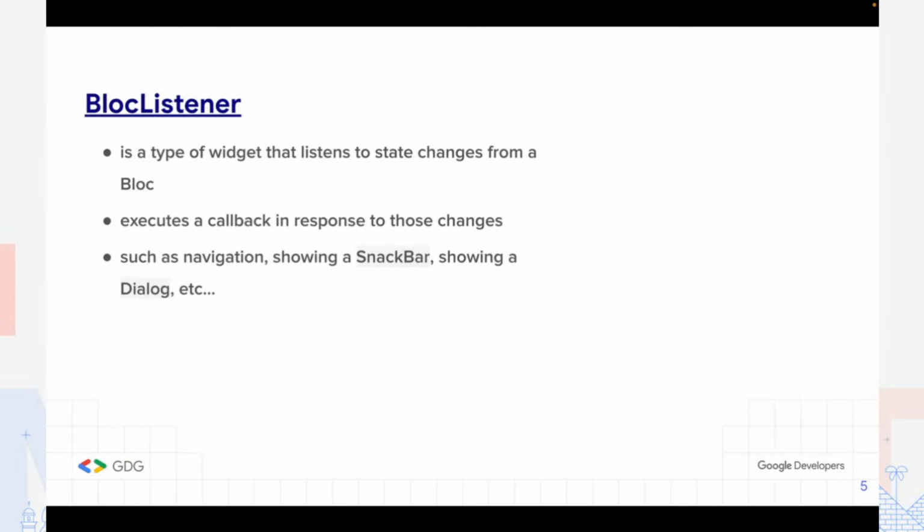It's a very useful widget because it does so many things. It helps us to navigate the user to the homepage. It even helps us to show a snack bar or a dialogue. It's a very versatile widget, and we can use it in so many different ways. So that was about block listener.